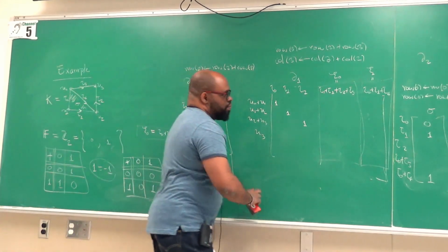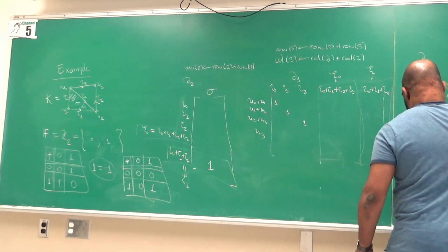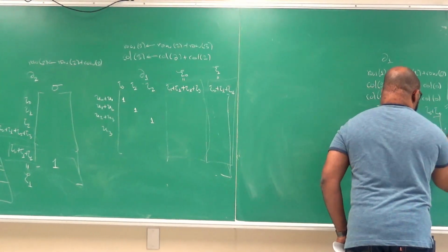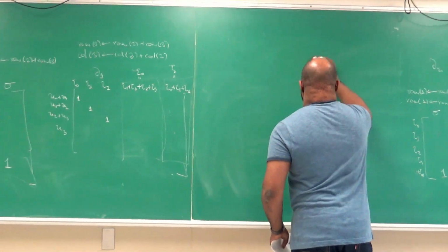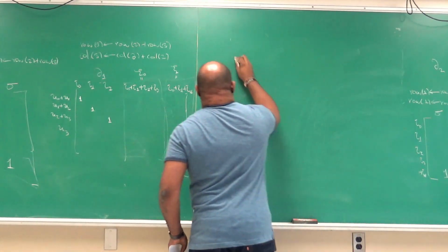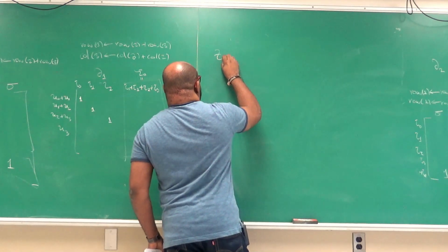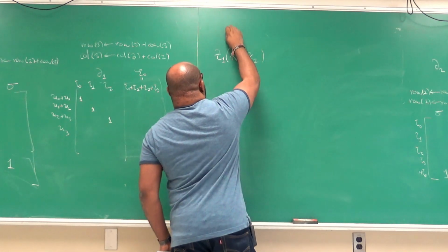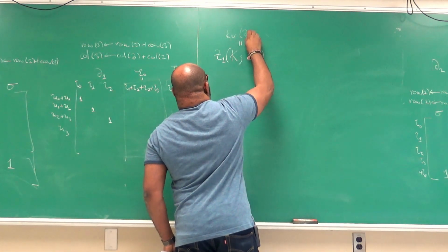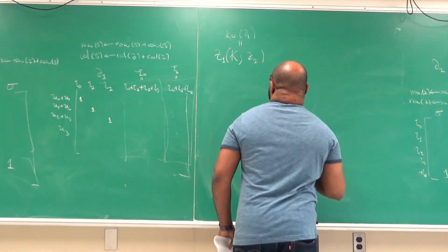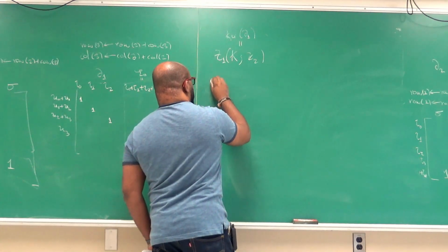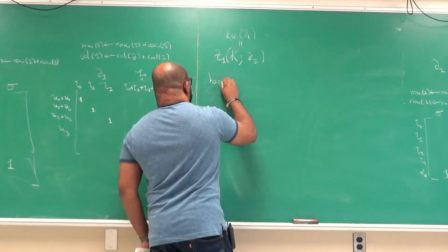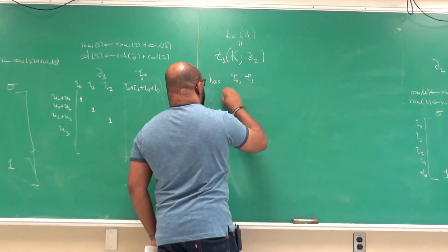So over here, what we conclude is that zeta 1, which is the kernel, so this is the kernel of delta 1, is generated, so it has not only generated, but has zeta 0 and zeta 1 as bases.